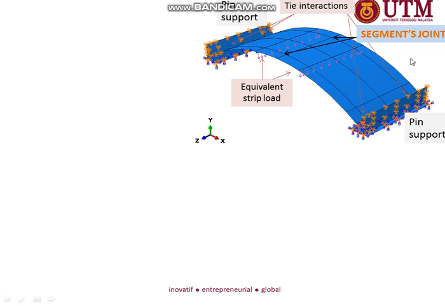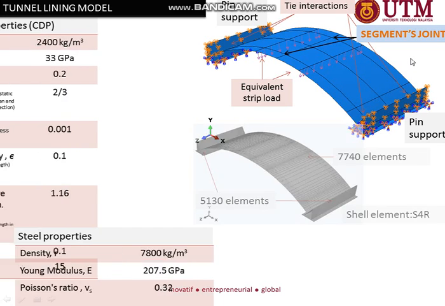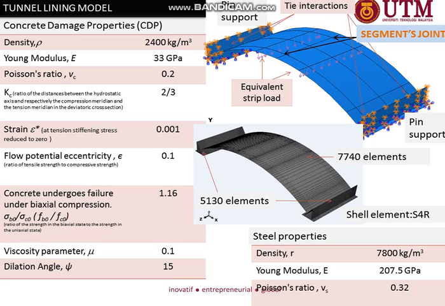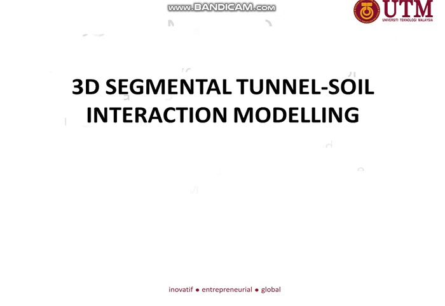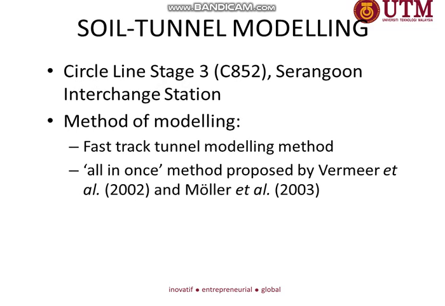For the segment joint model, these are the material properties that have been assigned. We provide two points to include the segment joint parameter model. Later on, I will show you the parameter models of the segment. For the 3D model of soil tunnel modeling, I have adapted Circle Line Stage 3 of Serangoon Interchange Station of Singapore, using the fast track tunnel modeling method, or all at once tunnel method, proposed earlier by Vermeer and Moller.